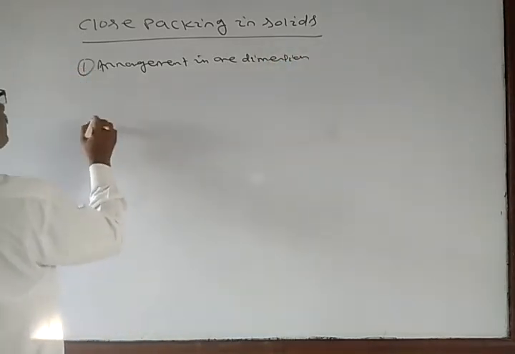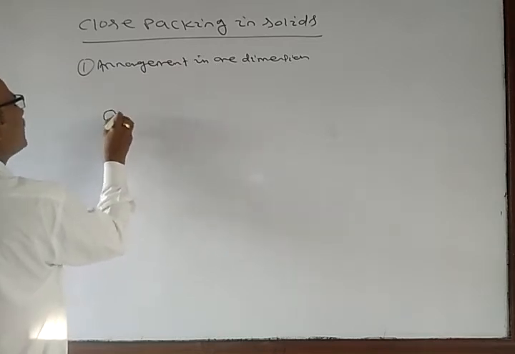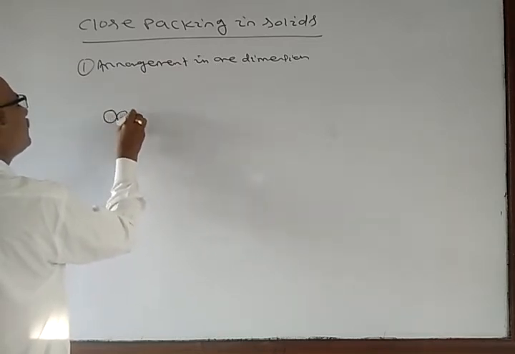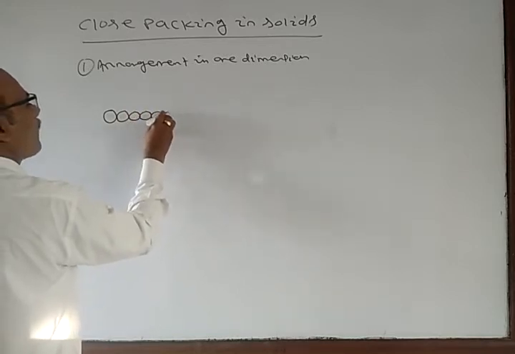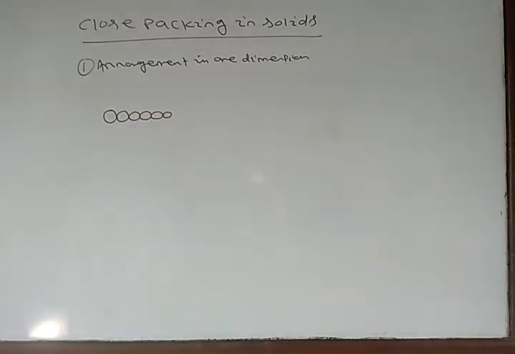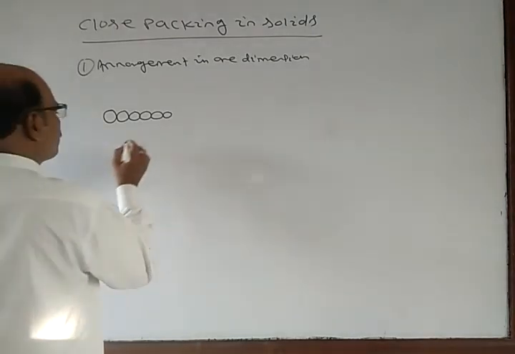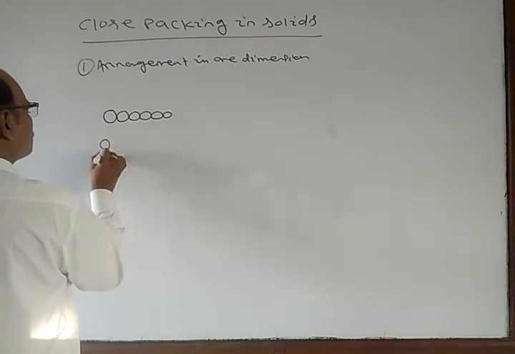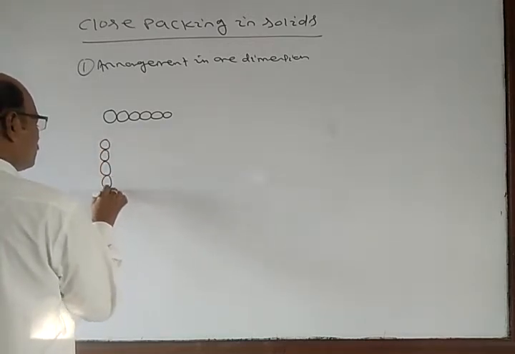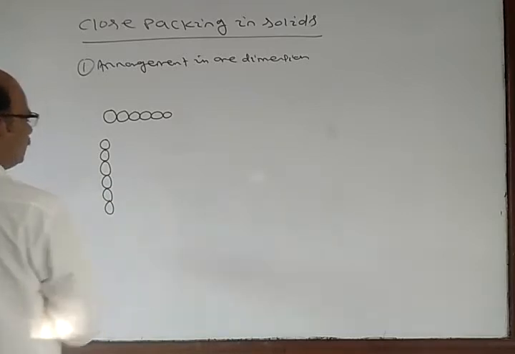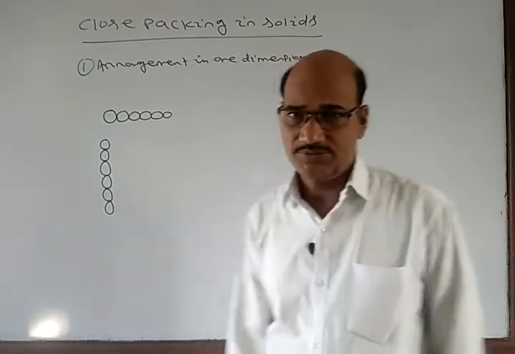So here, see, this is one atom I can arrange, another one, and so on. In this way you can arrange, or you can arrange like this. So this is your one dimensional arrangement.